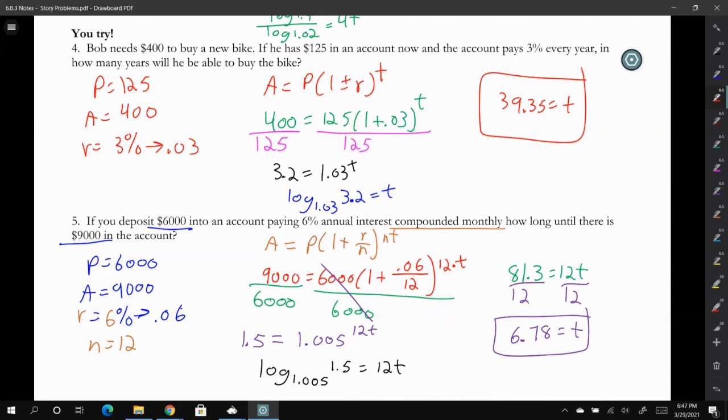Again, the hard thing about these problems is picking out the information from them, and also being okay that you're going to have decimals in every step of your work. At the very beginning, we have a decimal from the interest rate, the r value. Then when we divide both sides, we get another decimal, and then we're going to have decimals within our logs.